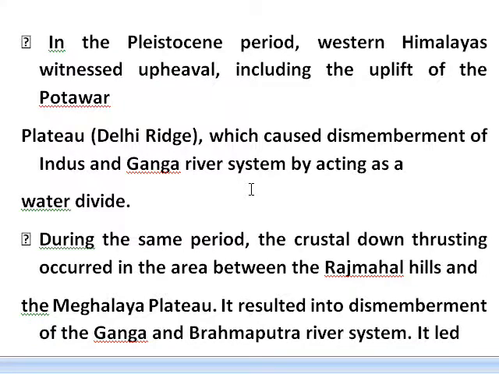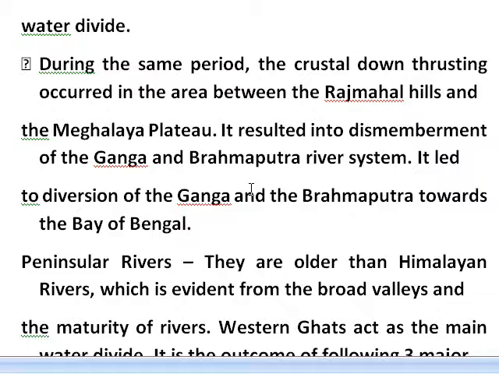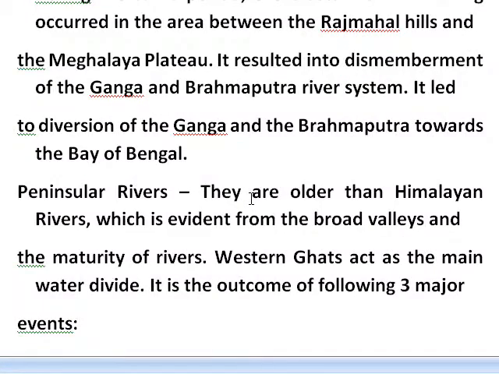During the same period, crustal down-thrusting occurred in the area between the Rajmahal Hills and the Meghalaya Plateau. It resulted in the dismemberment of the Ganga and Brahmaputra river systems. It led to the diversion of the Ganga and Brahmaputra towards the Bay of Bengal.